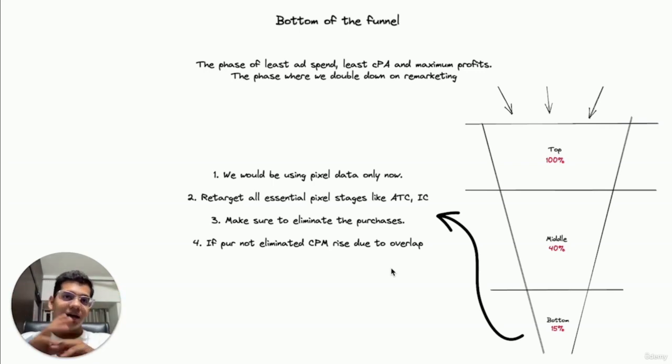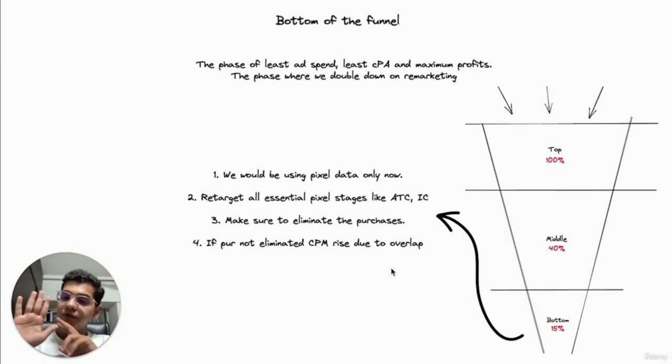So one more major hack that we used, which quite a lot of people out there don't use, and specifically the YouTubers teaching YouTube ads won't ever tell you, is that while remarketing, while creating audiences, always remember to eliminate your purchases. What this means is, let's say there are 100 people who have bought from you, and there are 5,000 people who have added to cart.